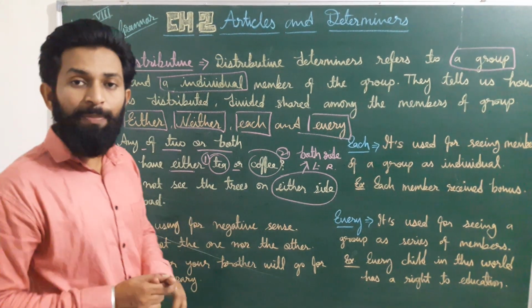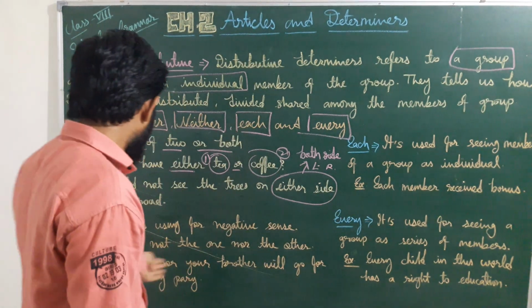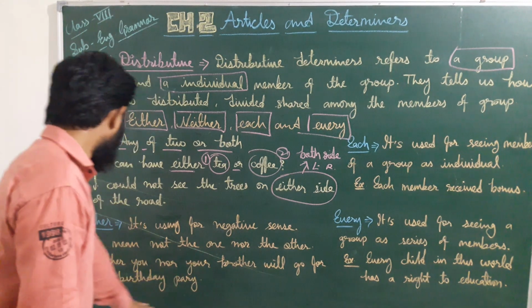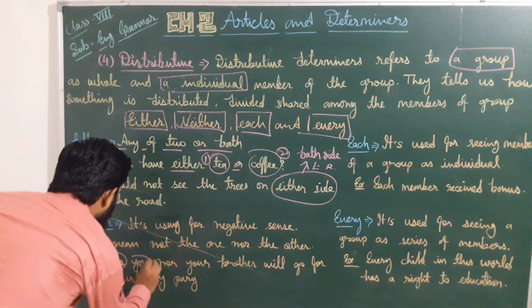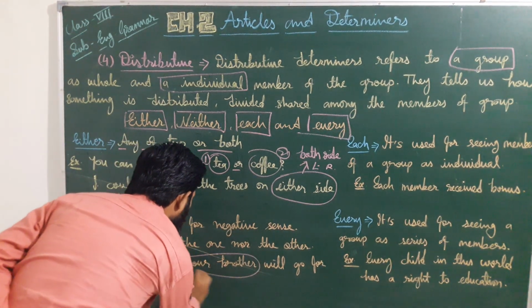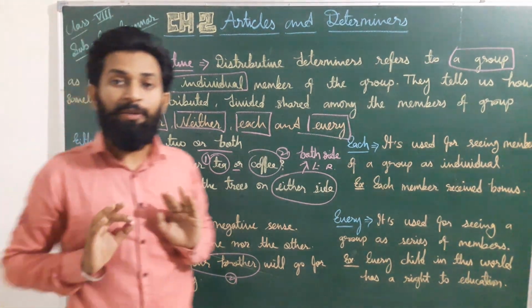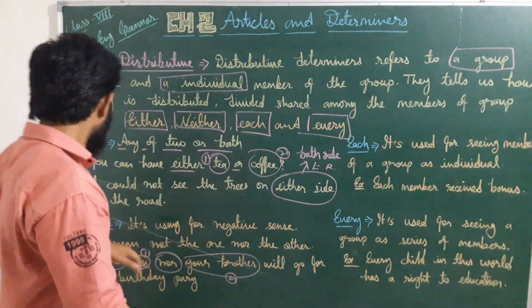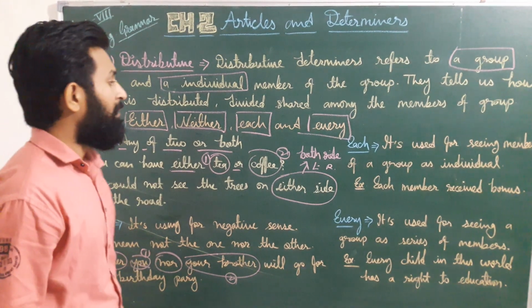Neither you nor your brother will go for the birthday party. This covers neither you, the first person, nor your brother, the second person. From both of them, no one can go to the birthday party. It completely gives us a negative sense. So we can say that neither is used for creating a negative sense.